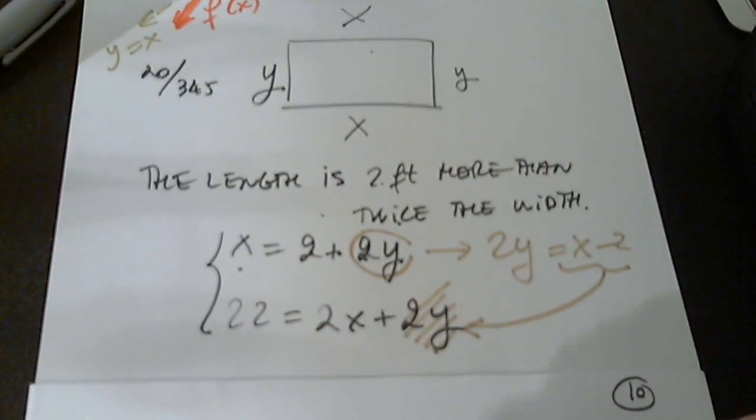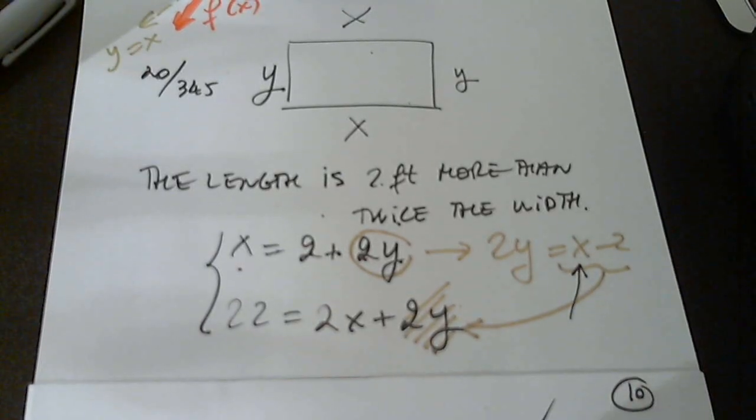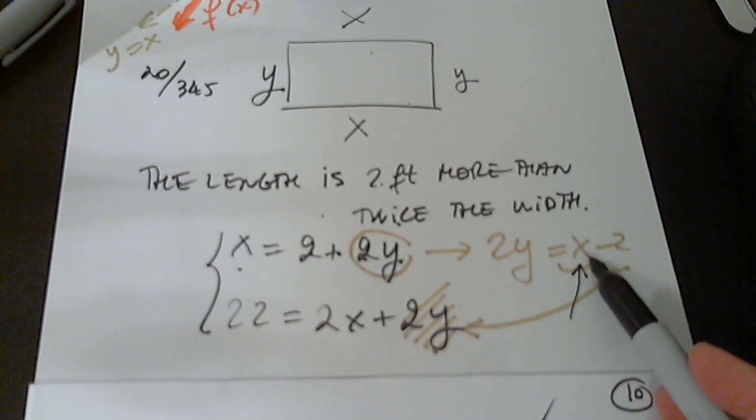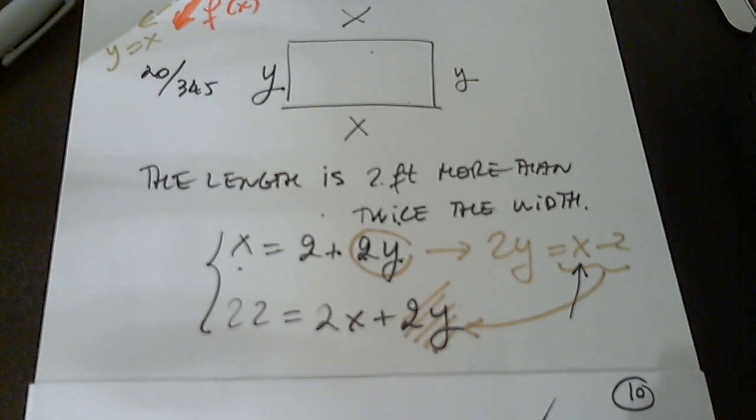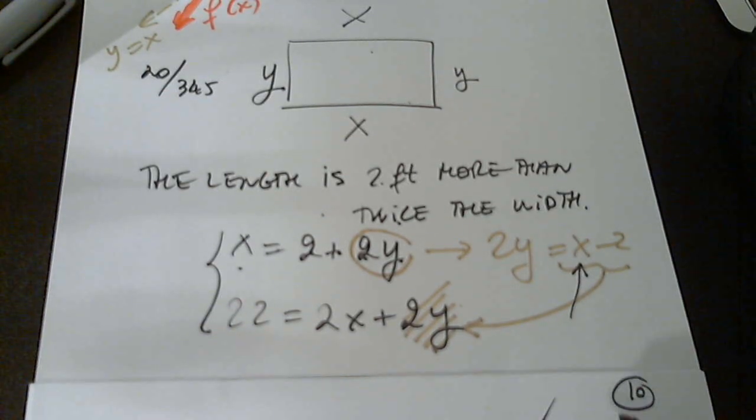Remember, I have that x is 8. How much is 2y then if x is 8? 2y equals, after replacing x by 8, 6. Indeed. Therefore, how much is x? Forgive me. How much is y?